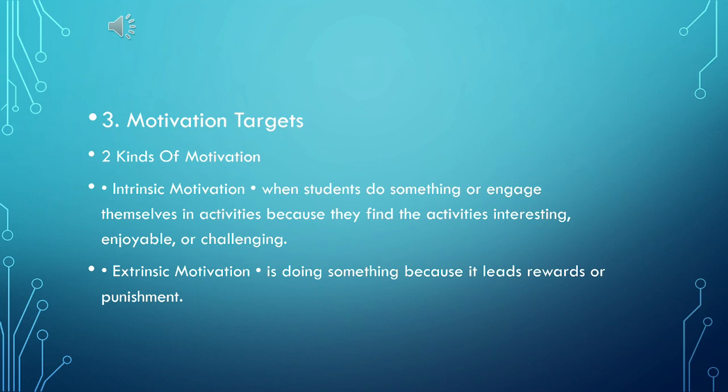And the second one is extrinsic motivation. It is doing something because it leads to reward or punishment. For example, we study because we want to pass the exam, because if we don't, we'll be dropped out or our scores will not pass. So that is extrinsic motivation.